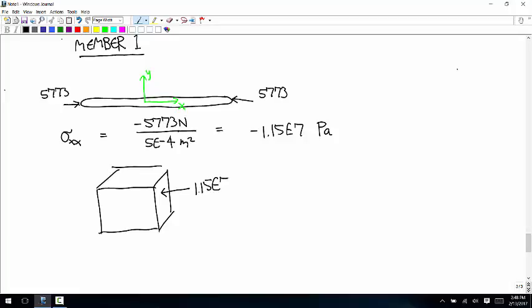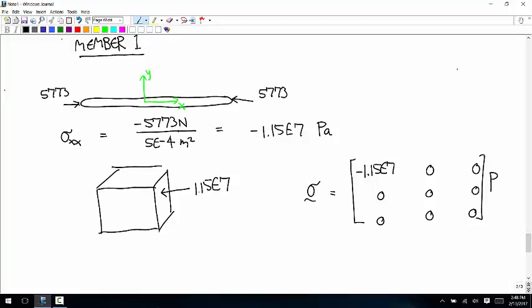Negative 1.15 times 10 to the 7. And so the stress tensor is negative 1.15 times 10 to the 7, zeros everywhere else. Nope, nothing else.